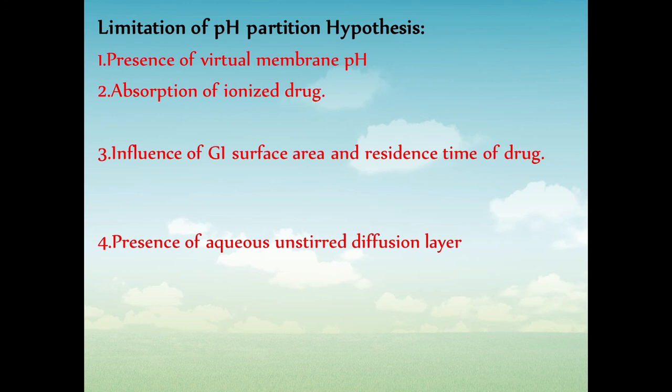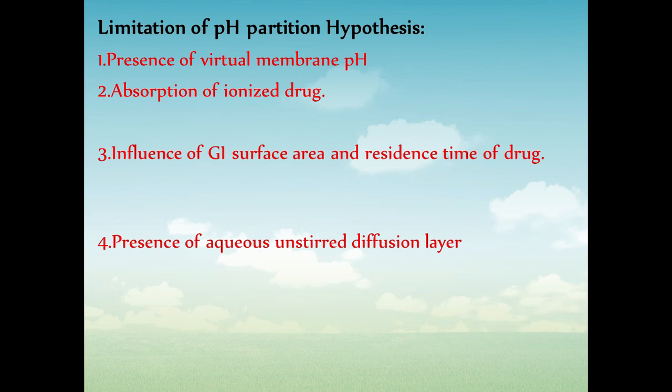But our stomach has a lining of mucosal layer, a lining of mucus, and it is not acidic in nature. Its pH is different from the acid, and there might be a chance that the drug goes in an ionized or unionized state in that mucous membrane. That membrane pH we are not considering. That's why we call it the presence of a virtual membrane pH.